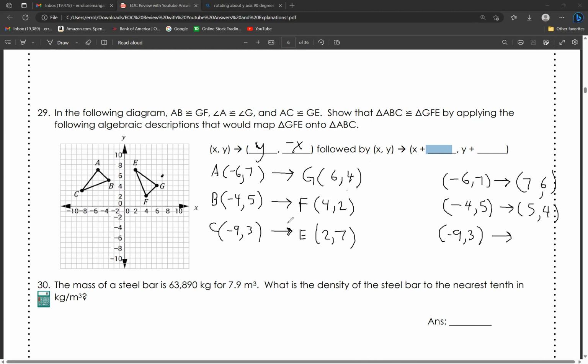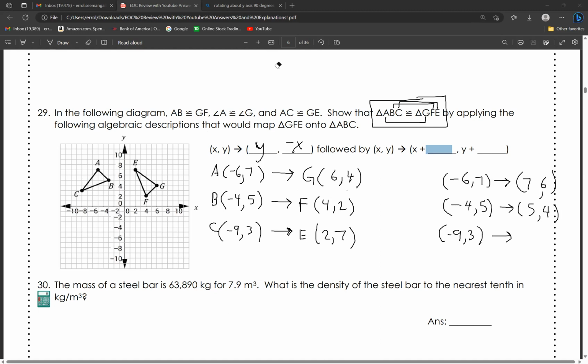That's E. Okay, so it's like the before and after.